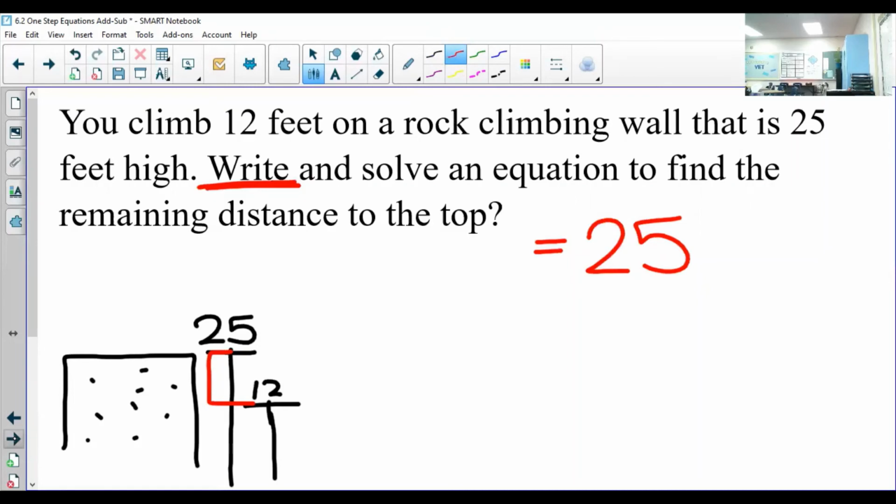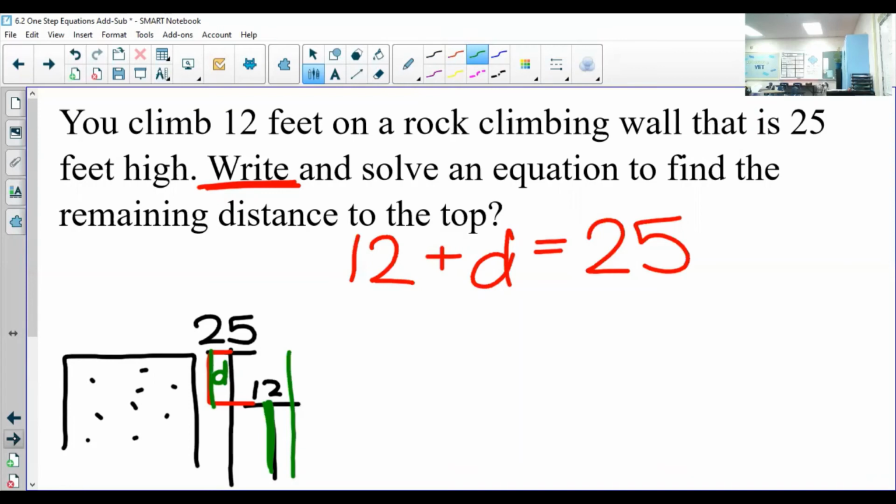Now, what else do we know about the wall? If we're looking to find a total, right, the total distance is 25. I've climbed 12. A total would be plus D for distance. We'll pick D. 12 plus D equals 25, right? Because if I add this 12, pretend this is D, 12 plus D, well, that together would be 25. So, perfect. Now we're good to go.